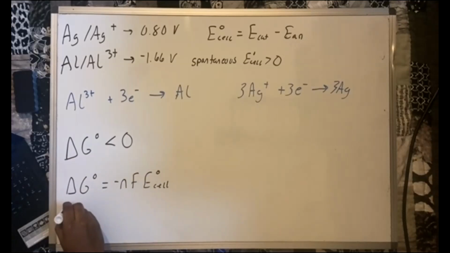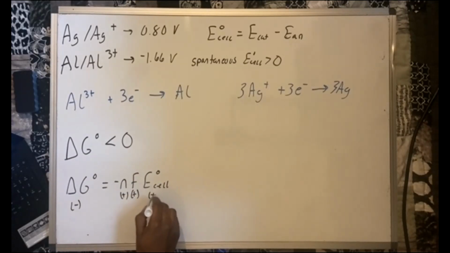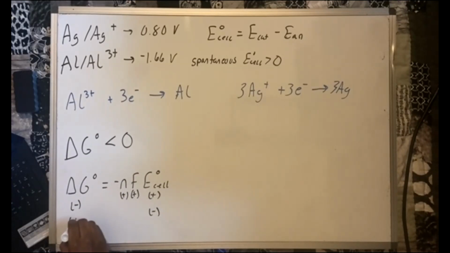So if I want this to be negative, these two are always positive, so the only way this is negative is if Ecell is positive. If Ecell is negative, then delta G is positive, and so non-spontaneous. So for your cell to occur in the right direction, because the only thing that's different is that you flip it, you want Ecell to be positive.